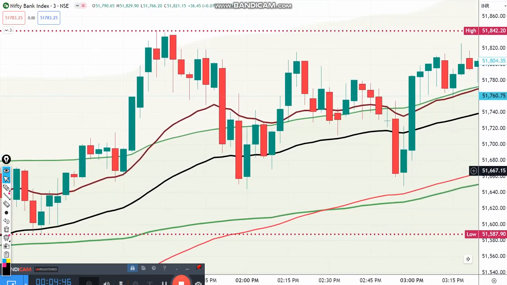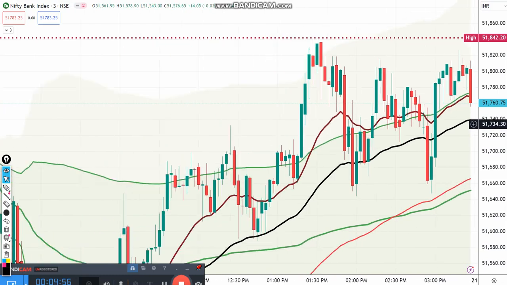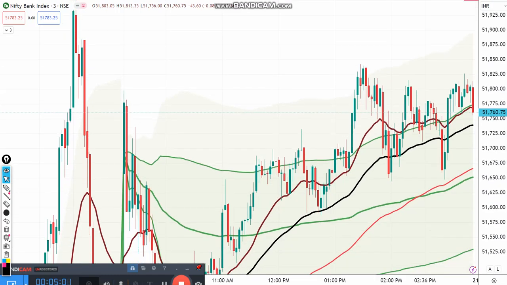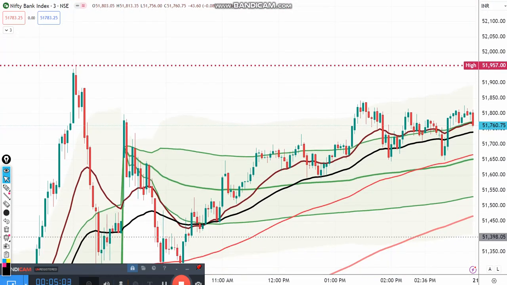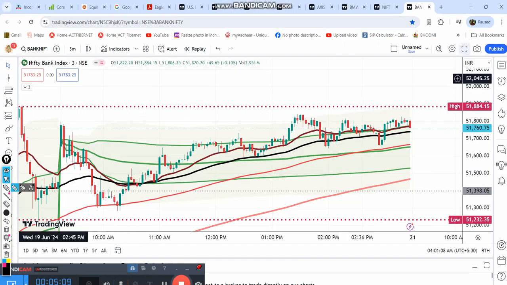After this point there was a big candle here. It went up to this point. So this is above the starting point actually.